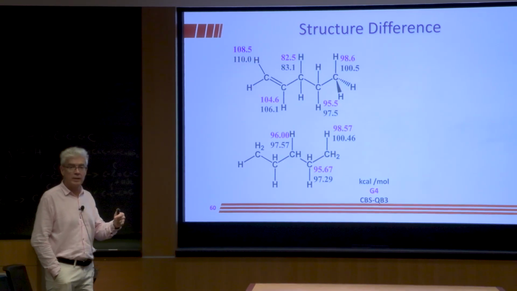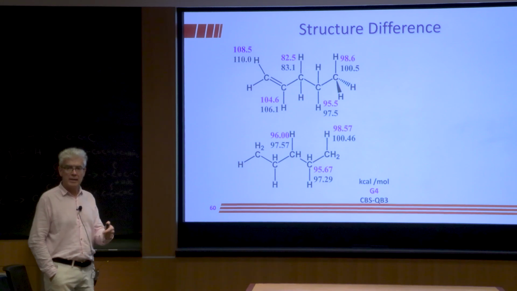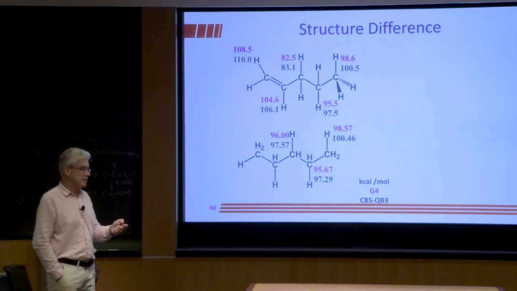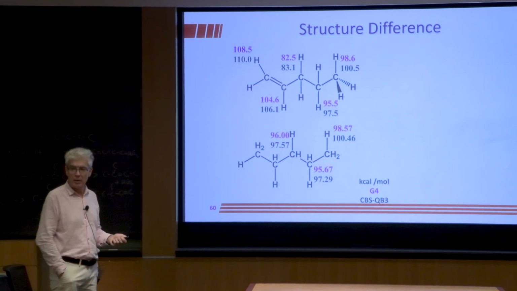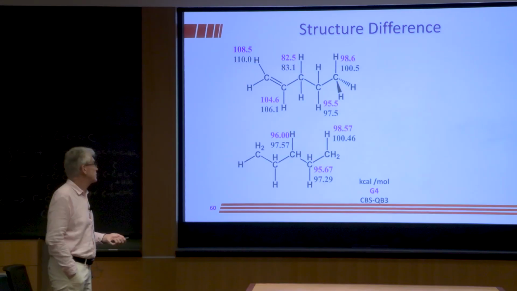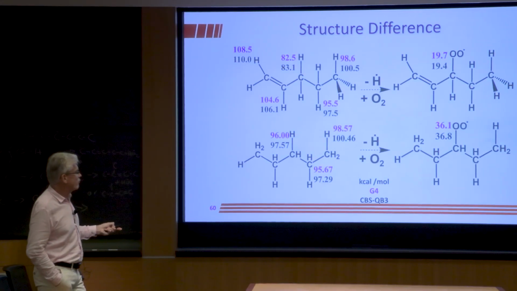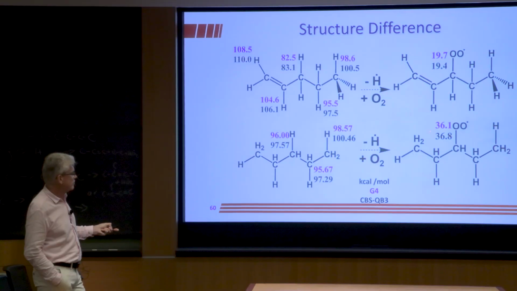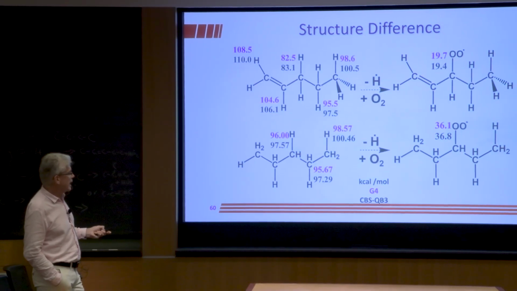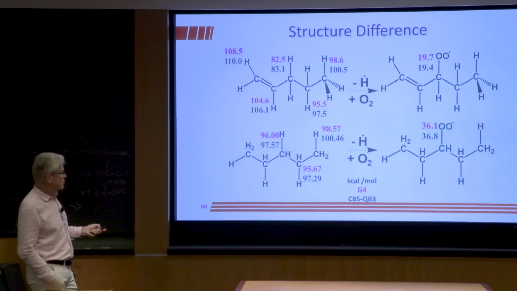Because once you form the radical, it's resonantly stabilized, and hence it weakens that CH bond by 13 kilocalories per mole, right? And so then we're going to form the alkyl peroxy radical, or in this case, the allylic peroxy radical. I've actually calculated it here, so I have it right.